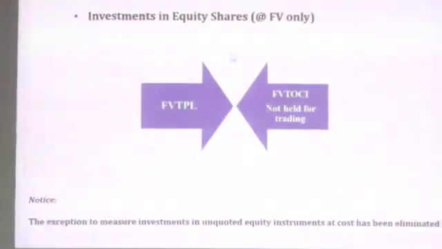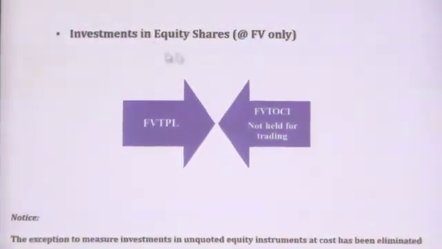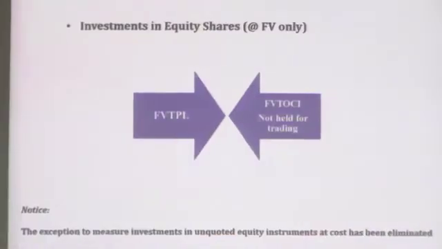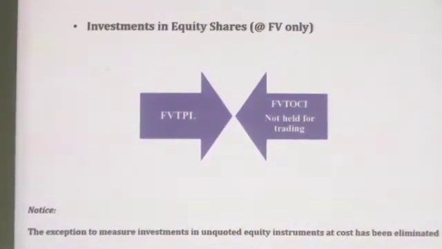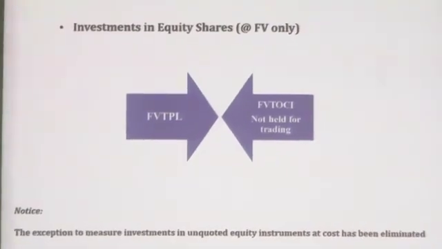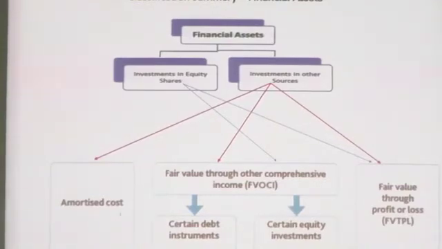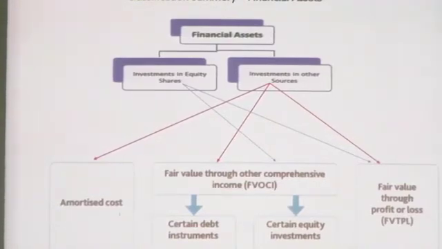Therefore, here we talk about only investment in ordinary shares without control, without joint control and significant influence. Therefore, finally, all the financial assets can be classified like this: investment on equity with the blue arrow, fair value through OCI on equity or fair value through P&L. Investment on other sources, that is on debt, red line, right?